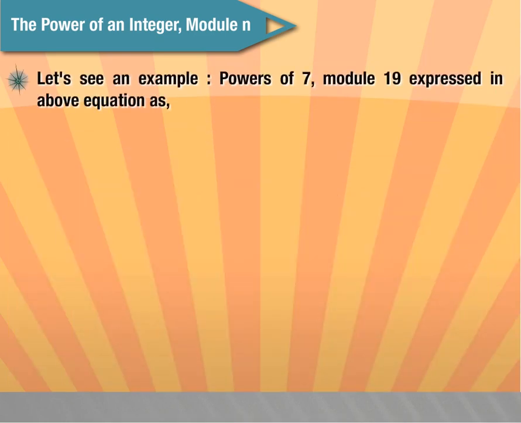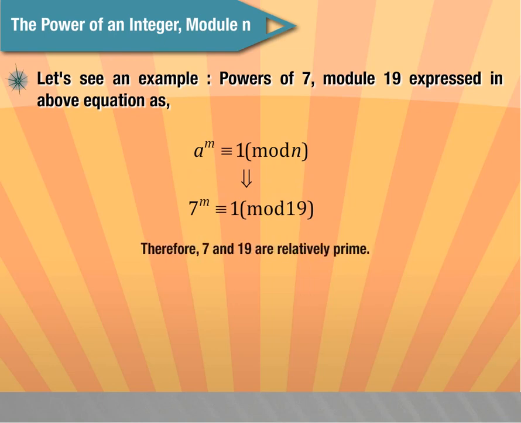Let us see an example: powers of 7 modulo 19. Expressed in the above equation, a to the power m is congruent to 1 mod n implies 7 to the power m is congruent to 1 mod 19. Therefore, 7 and 19 are relatively prime.